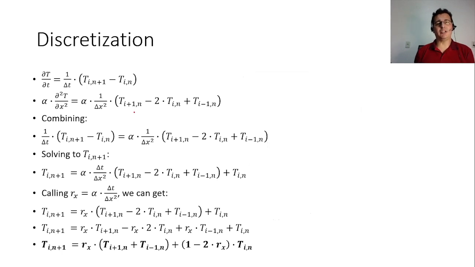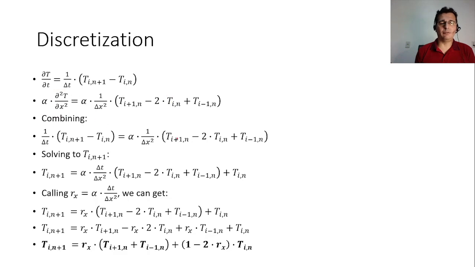First, we need to make a discretization, changing del T, del temperature, del time, by the expression from forward finite difference, and the diffusion term we change to central finite difference.